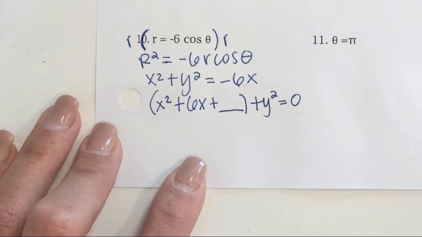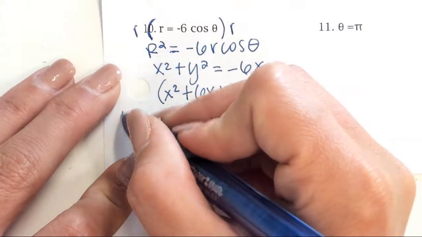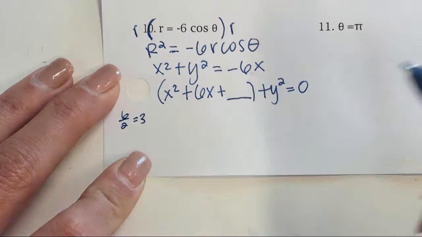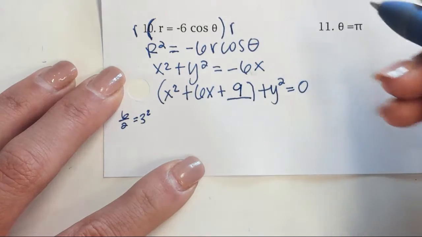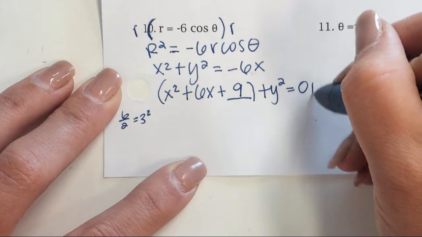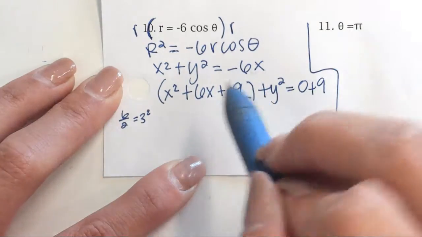Alright, we have to complete the square now, so how do I figure out what goes in the blank? Which is 3, and then square it. So what goes in the blank? I also have to add 9 to the other side. Alright, now let's factor this.